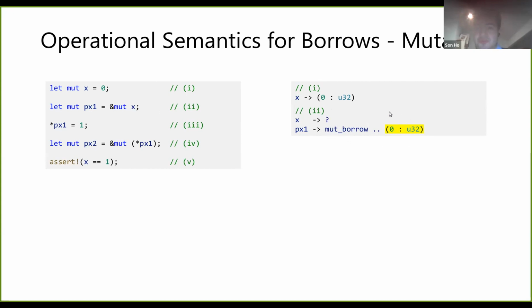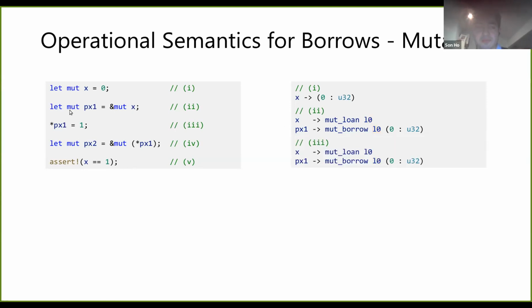Now, of course, you want to remember the fact that this value was actually borrowed from x. And we do so by introducing here a value mutable loan and linking the loan and the borrow with a fresh identifier L0. So what this environment tells you is that you've got px1, which maps to a mutably borrowed value, which is actually equal to 0, and which comes from there.